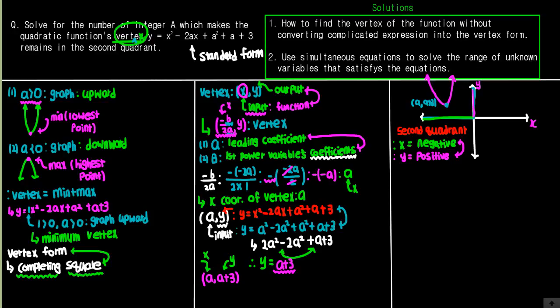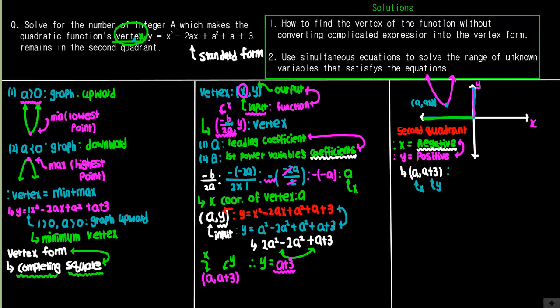So we can think about it in this way. The x value should be negative, and the given coordinates of the x value and the y value are going to be a comma a plus 3. From here we can apply our theory that the x value of this vertex is a, and the y value of our vertex is a plus 3.